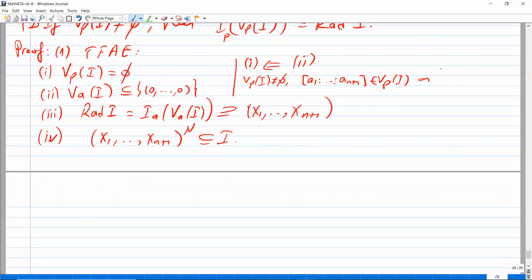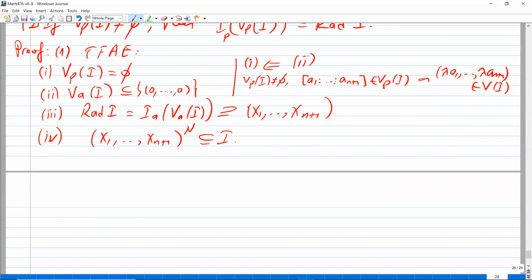Then all the points (lambda A1, ..., lambda An+1) are in the zero set of the ideal. The reason is that I is homogeneous. So therefore, it is infinite. It contains more points, so that this implies 2 implies 1.